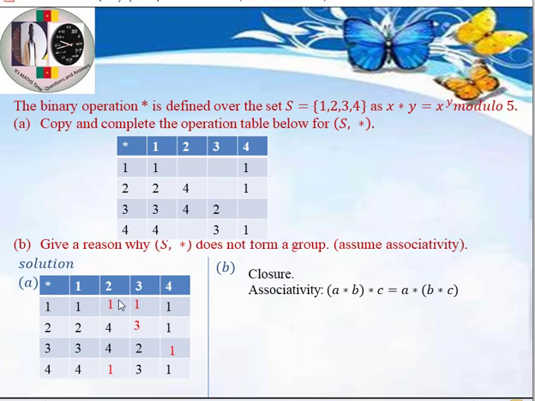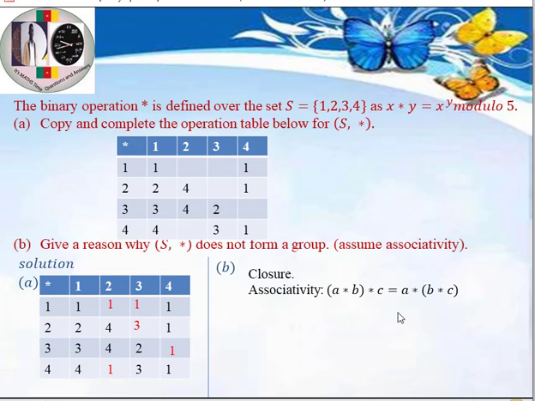If we take this number 1 and perform that operation on the third number, 1 star 3 is 1. So we expect that A star B star C should also give us a result of 1.